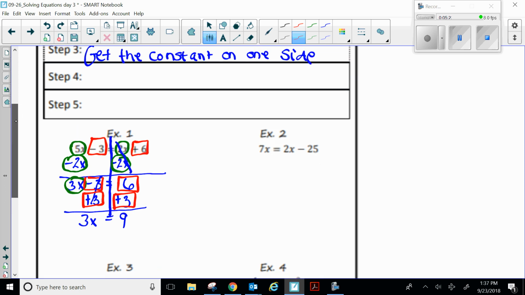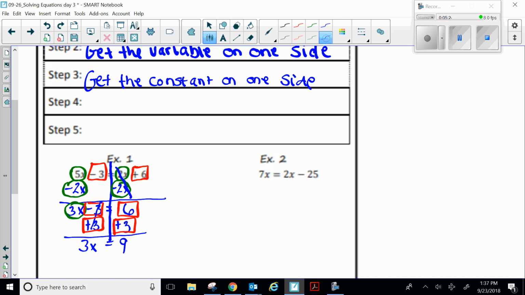So my next step in solving is to eliminate my coefficient by multiplying or dividing by the coefficient.